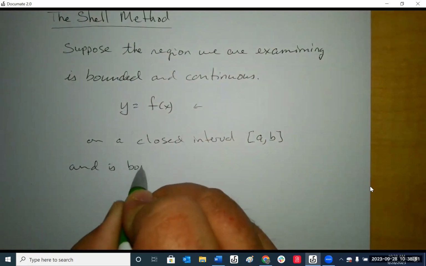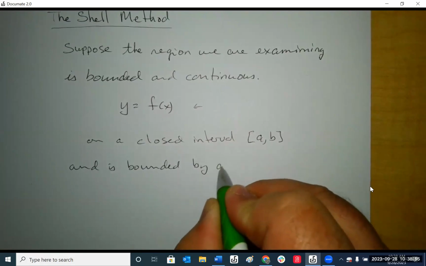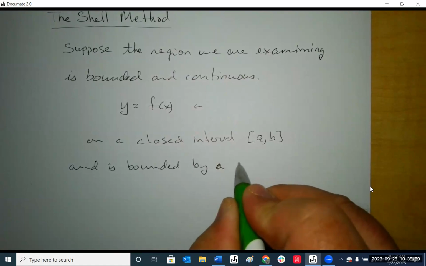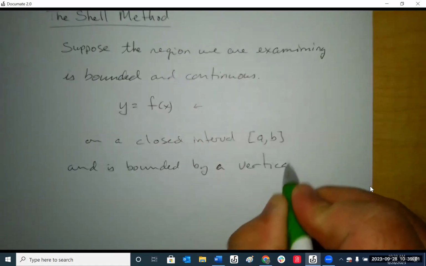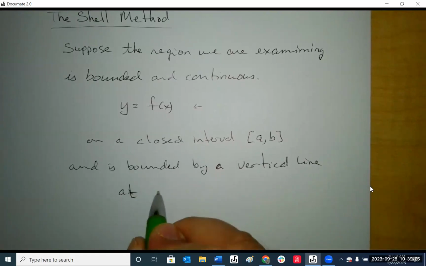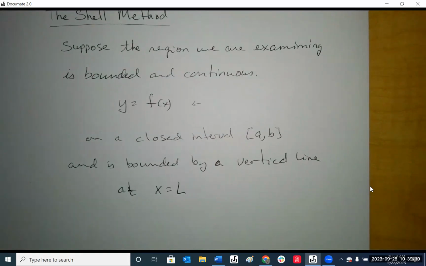And is also bounded by a vertical line at x equals L. That's pretty much like we just did, x equals -1.